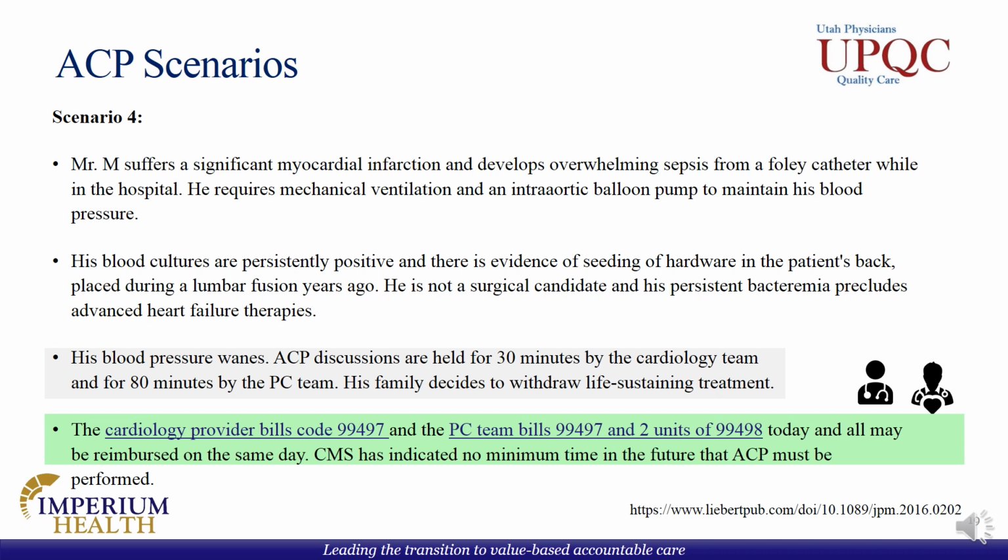So because of those two different conversations, the primary care provider is able to bill for both the 99497 and two 99498s, so one of the $85 codes and two of the $75 codes. And the cardiologist who was treating the patient, who did that 30-minute conversation, is able to bill for one of those 99497s.